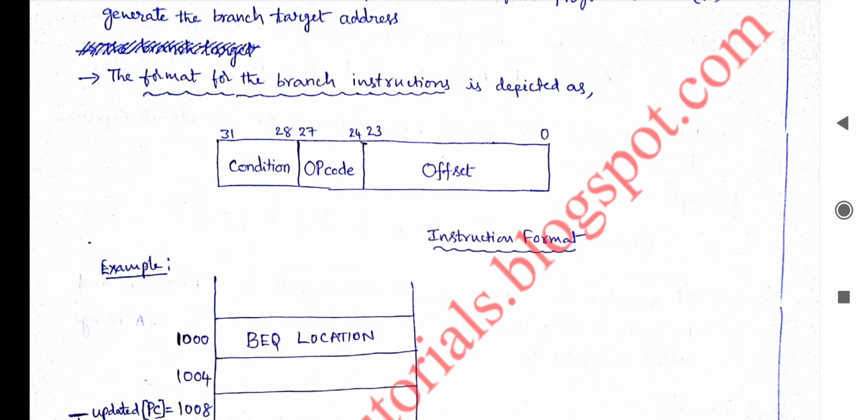Bits 24 to 27 are the opcode value, and bits 28 to 31, those 4 bits, are used for the condition. Once again: offset, opcode and condition. These are the 3 fields used to generate a branch instruction.